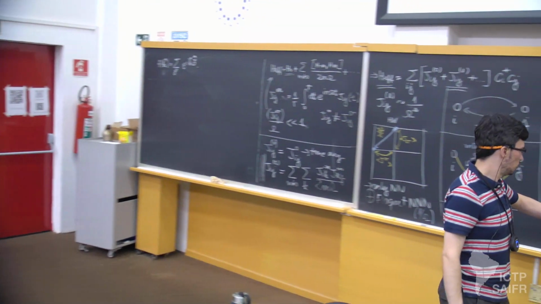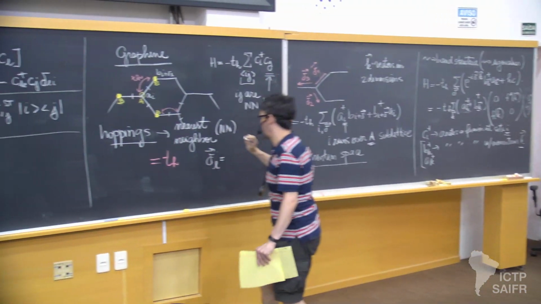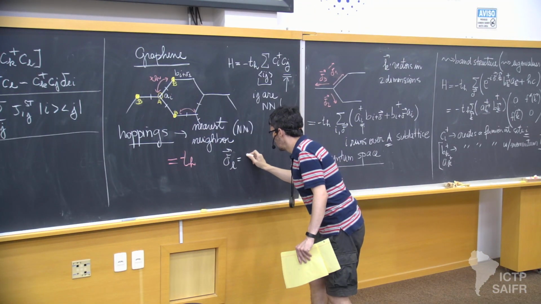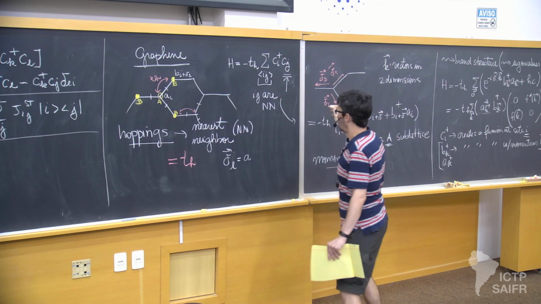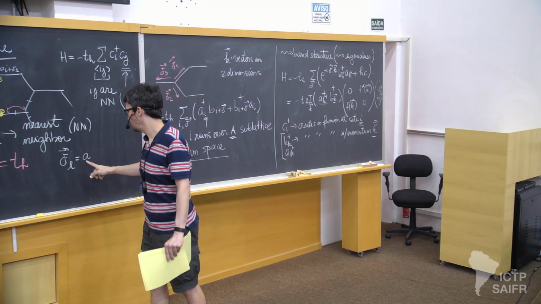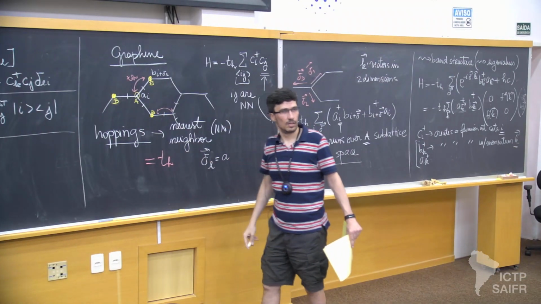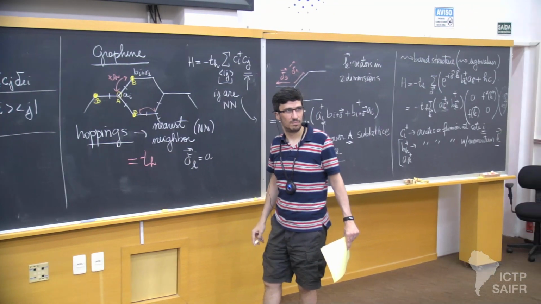Something that I will probably do later today, or probably next lecture, is that you can rewrite this delta, or let me use another letter, as a. This a is a serious candidate to be set to 1 as well. This is the distance between the atoms in your lattice, so it is called the lattice spacing.